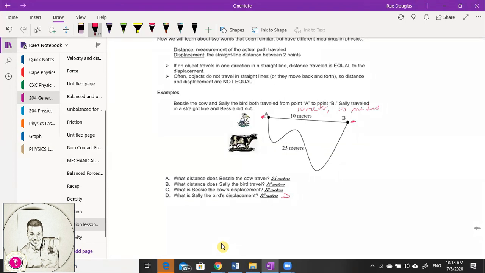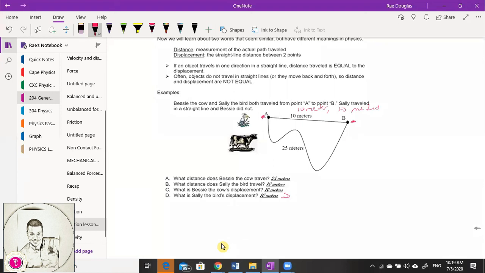This is as a result of Sally traveling in a straight line, as Rihanna read a while ago, that if an object travels in one direction in a straight line, distance traveled is equal to the displacement.